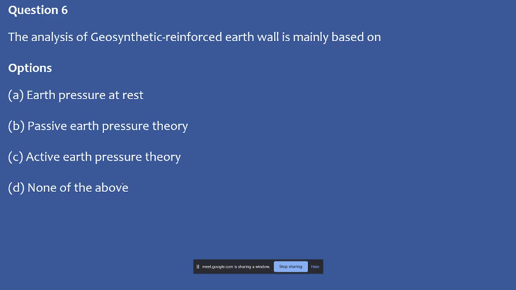So coming to the next question, the analysis of geosynthetic reinforcement earth wall is mainly based on. So you need to give the principal theory from which we analyze the geosynthetic reinforcement earth wall.